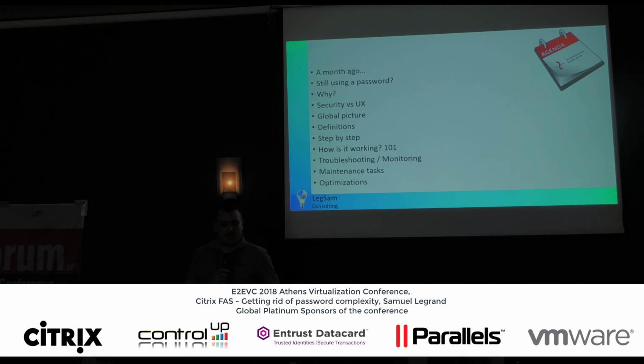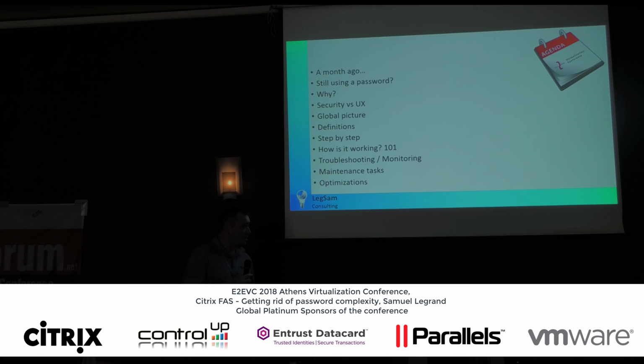So what are we going to talk about? FAS is a Citrix product but it is not well known. We'll see first what happened a month ago. We'll see, if you are still using passwords, how we can manage security versus UX, user experience.